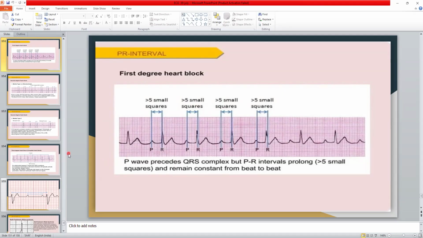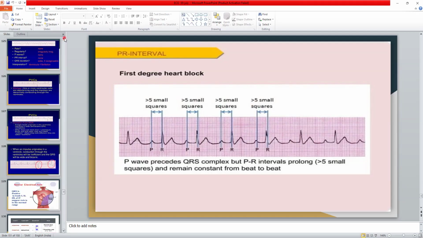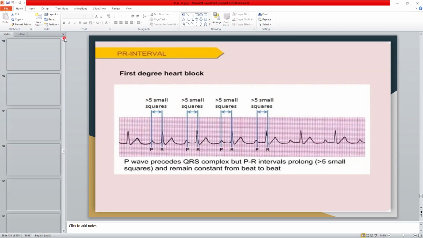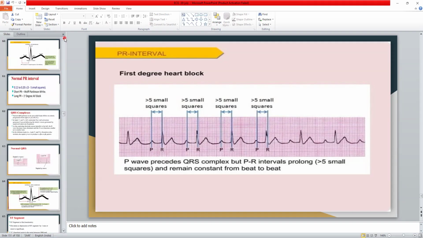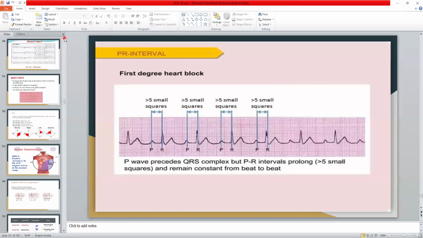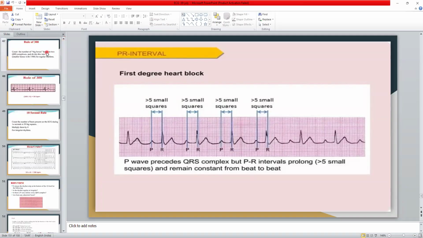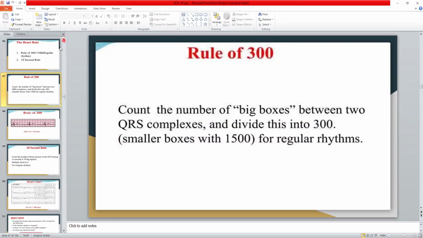You want to know that thing? I'll show you again. Yesterday I told you how to calculate the heart rate.